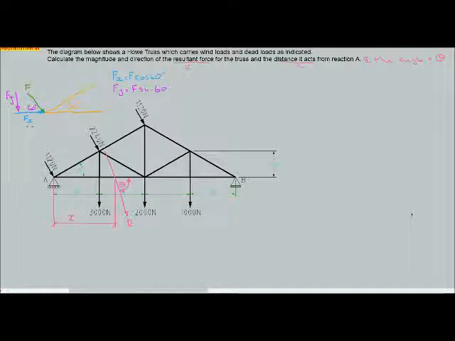Now, to find the resultant force, my resultant force is a force that replaces the sum of all the other forces.